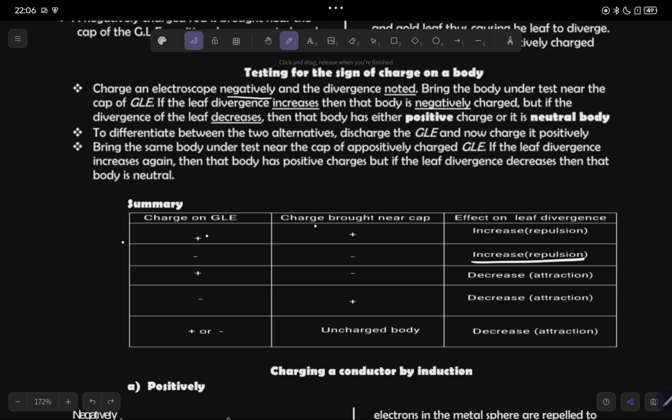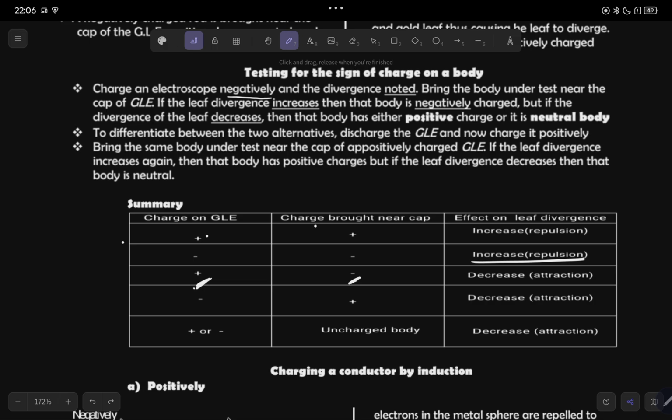You cannot decide. Why? If I bring a negative charge near the cap of a positive electroscope, the negative charge brought near the cap will attract more positives. Even some will come from the gold leaf and climb upwards.